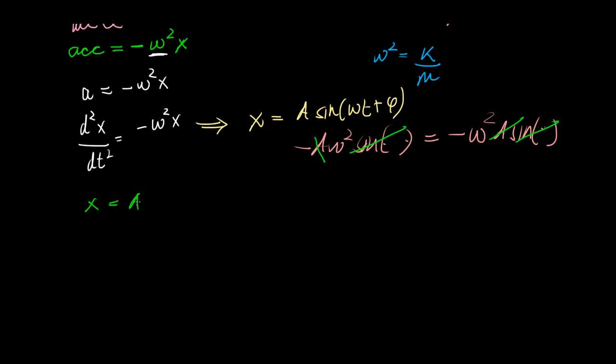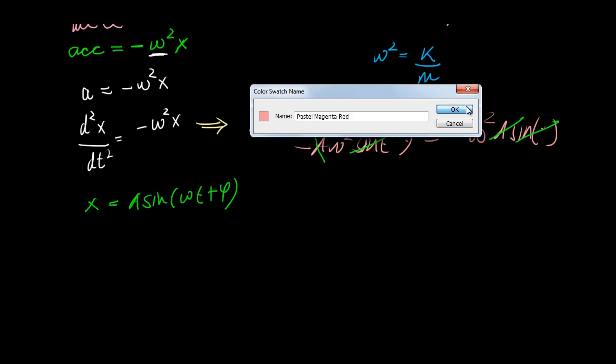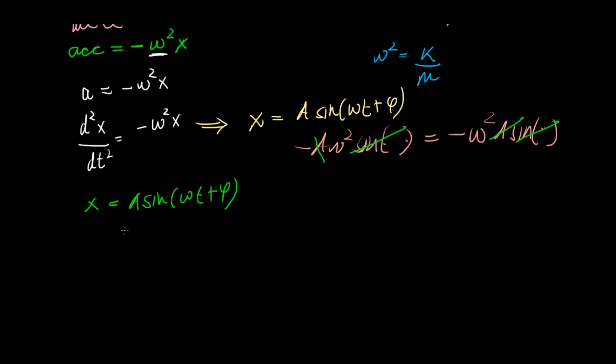x is equal to A sine of omega t plus phi. And if you are familiar with trigonometry, then this can also be written as A times cosine of pi by 2 minus omega t plus phi.